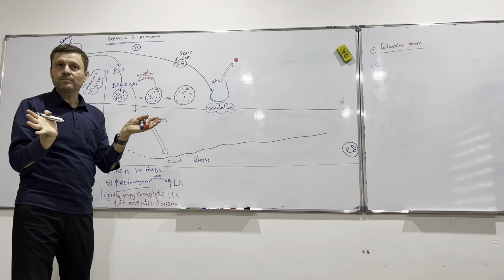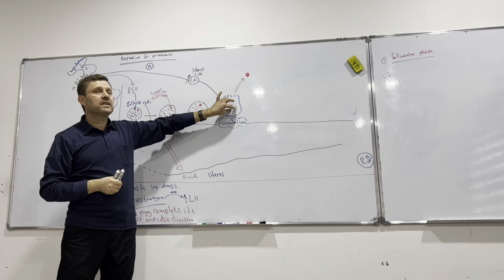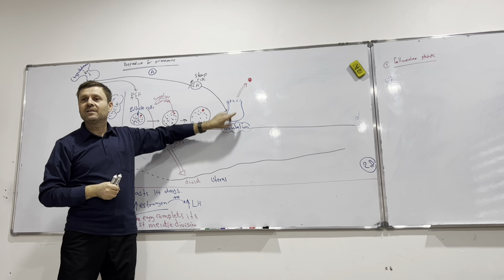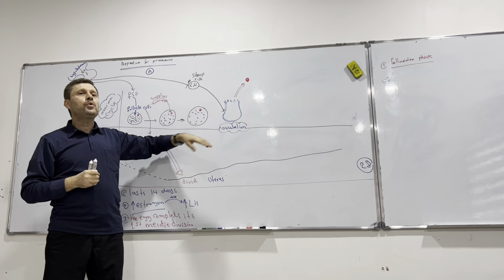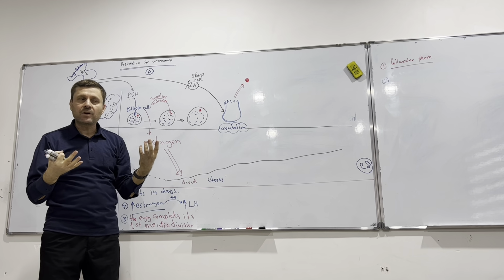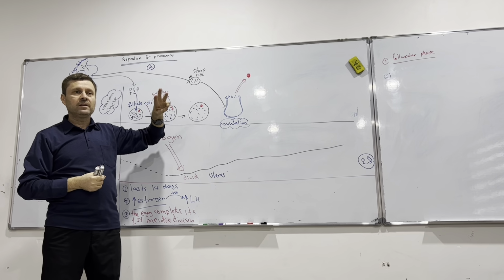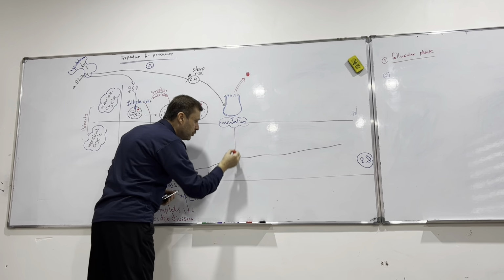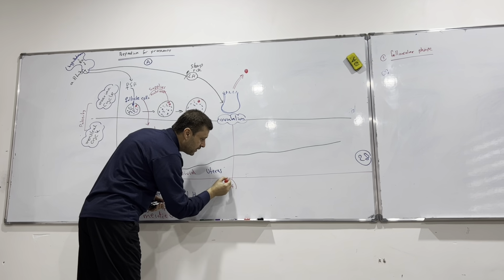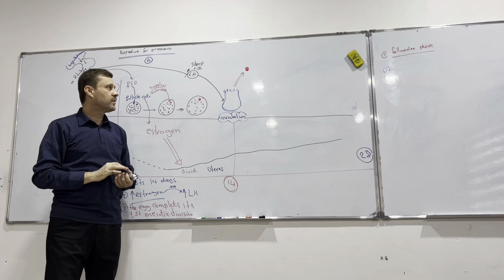So, the rupturing of the follicle is called what? Ovulation. Which of the following hormones causes ovulation? LH. Ovulation occurs in the midway of the cycle.